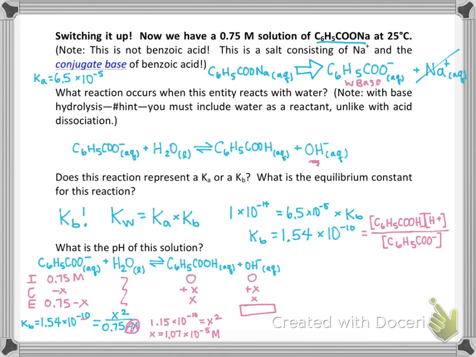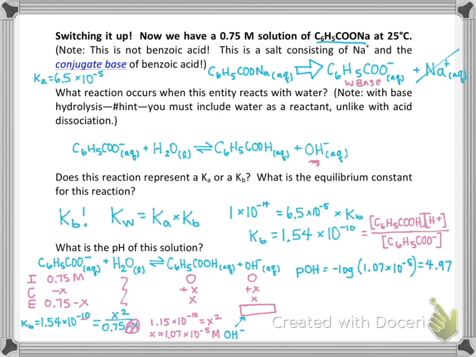And so we want to look up at our table and figure out what the x is actually corresponding to. And it's corresponding to our hydroxide concentration. When we take the negative log of this value, we won't have pH. What we'll end up solving for is pOH. So when we do the negative log of 1.07 times 10 to the negative 5, we get a pOH of about 4.97.